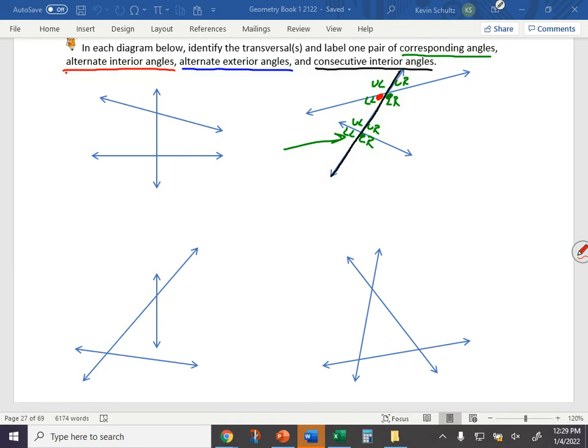Not the upper left. Because remember, alternate interior is inside the lines, but on alternate sides of the transversal. Upper right. The upper right. This would be the alternate interior. Opposite sides of the transversal, inside the lines. Okay?